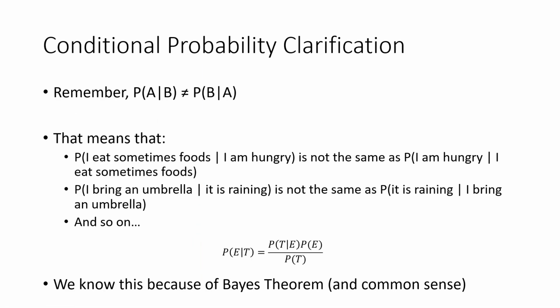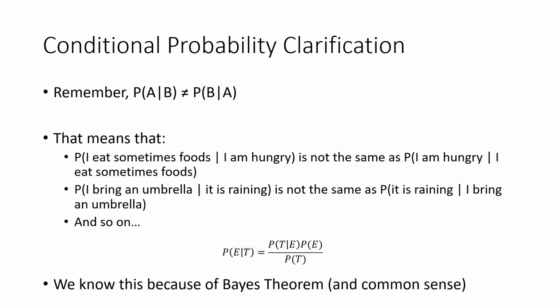And let's be very clear. We know from Bayes' theorem that the probability of A given B is not the same as the probability of B given A. And again, we see that in Bayes' theorem. To be clear, the probability that I eat sometimes food given that I'm hungry is not the same as the probability that I am hungry given the fact that I eat sometimes foods.